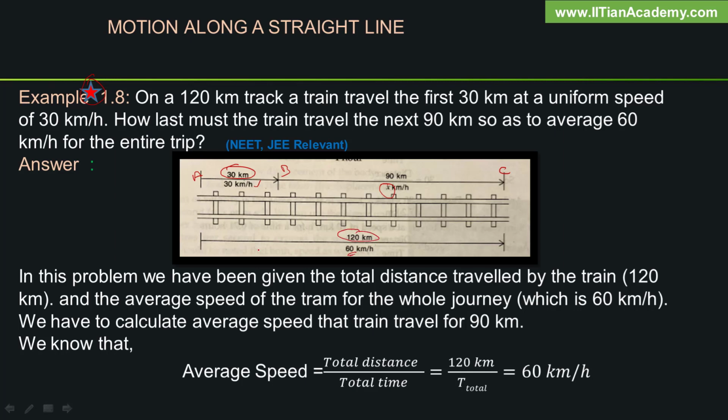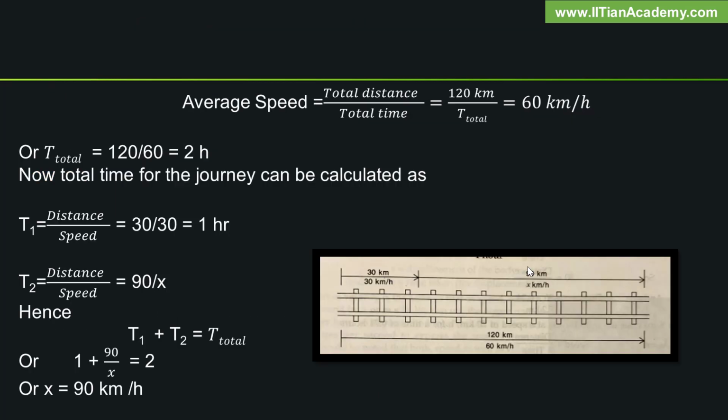Let us start from the time part. Total time of the journey is total distance divided by overall average speed, which is calculated in the next slide. Hence, total time of the journey is calculated as 120 divided by 60, which is 2 hours.